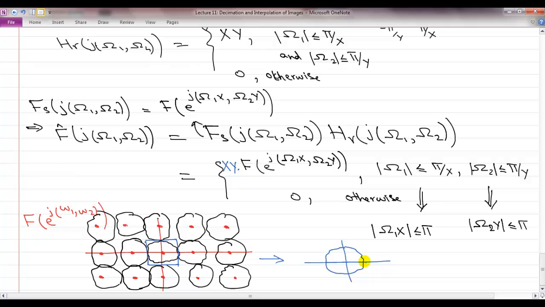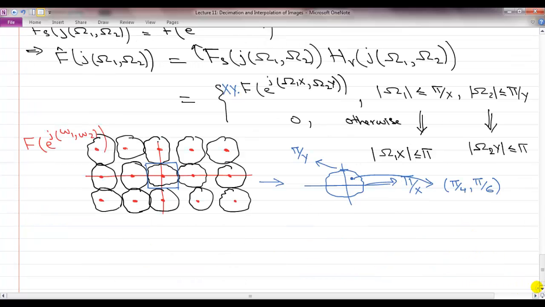So to get the frequencies, if this was pi, it will become pi by X. Similarly, if this was also pi in the y direction, it will become pi by Y. Any point in here, let's say this point was pi by 4 and pi by 6, will get transformed to pi by 4X and pi by 6Y.